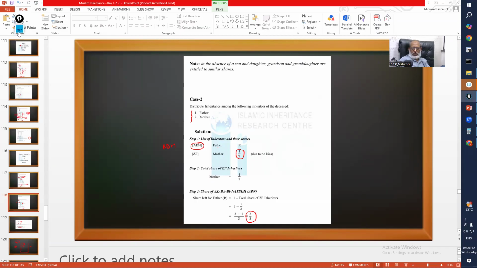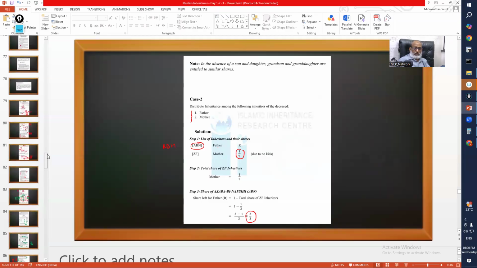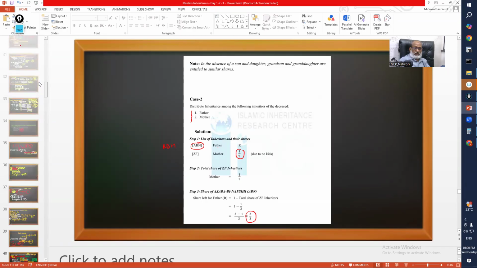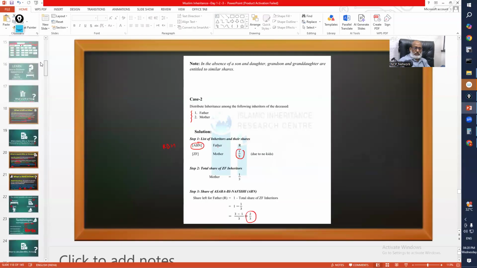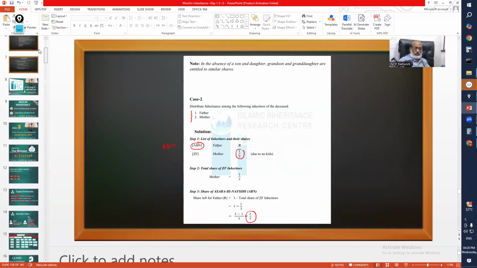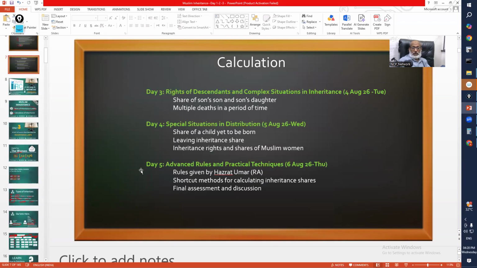Tomorrow we have the last session of this certification course. The topic of the last session is the rules given by Hazrat Umar, may Allah be pleased with him, and we will find out the shortcut method to calculate the inheritance share, and we will take some kind of test.